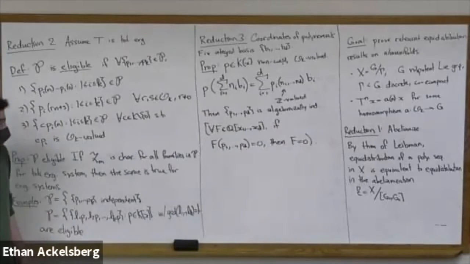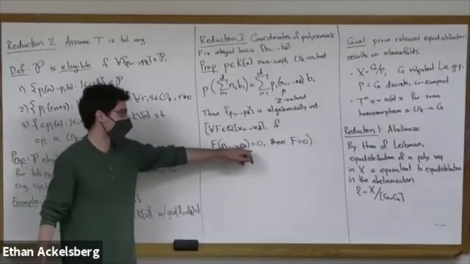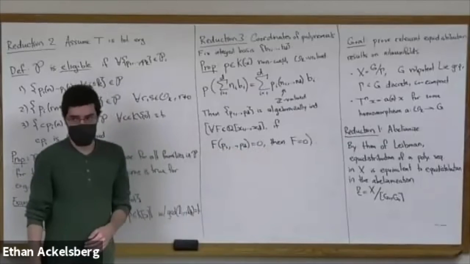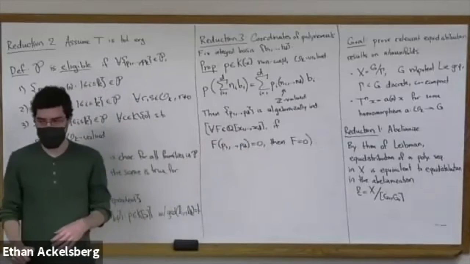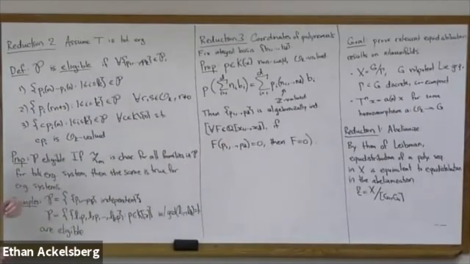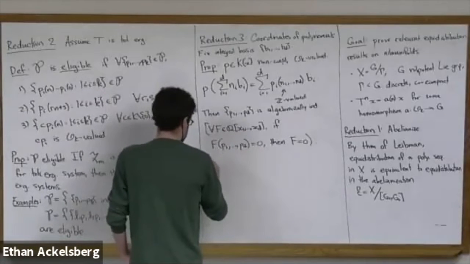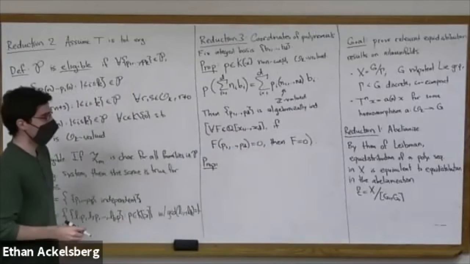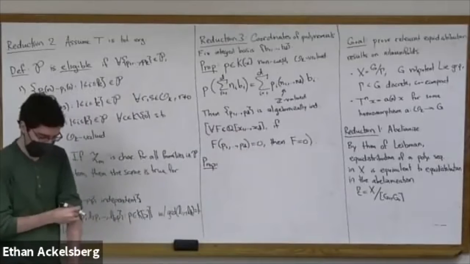Linearly independent would mean if you took any linear function and this is equal to 0, then your linear function is equal to 0. But this is saying any polynomial combination of the coordinates is going to be non-trivial. The proof of this is kind of fun, but I want to get to the ergodic distribution, so skip it.